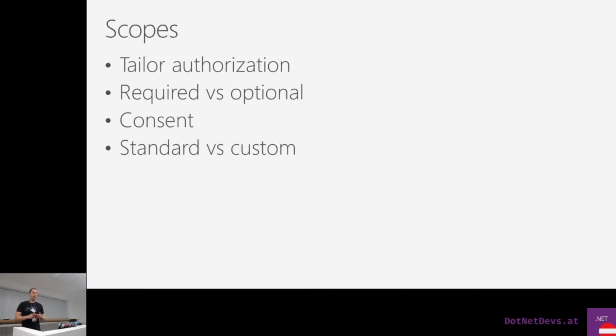And some of these are actually optional, and this would be consent. Maybe you would ask the user for consent to tweet as this user. So you can tailor the authentication or the authorization that you want to do with the tokens that you get back, right?